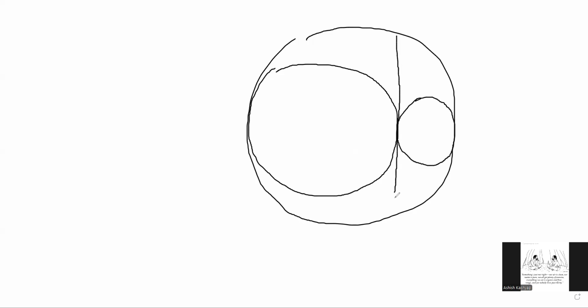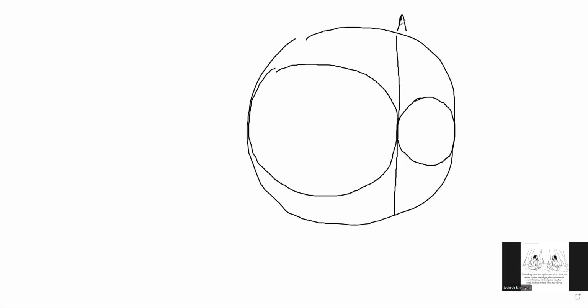Okay, the next one is the eighth one. If the length of the chord AB is 4 as shown in the figure, find the area of the shaded region. There is a big circle. There are two smaller circles inside it, which are touching. And there is a chord which is also a common tangent.